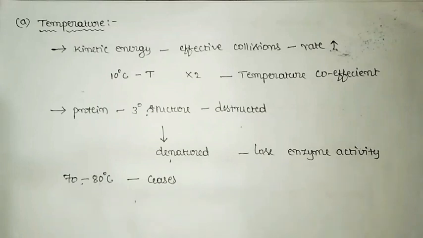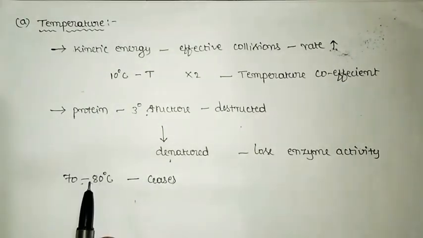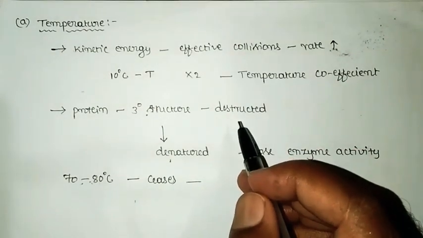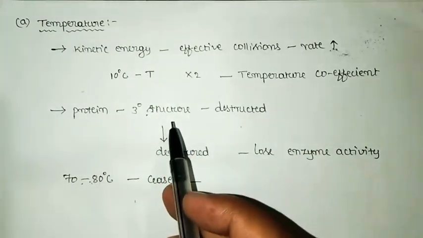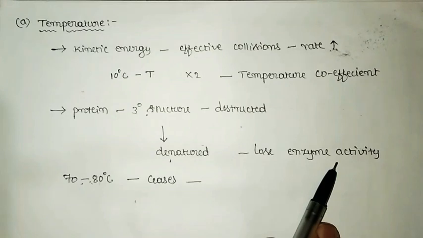The whole and sole enzyme activity will cease because of denaturation of the protein. When the temperature goes beyond this, the catalytic activity of the enzyme will be lost. Once the protein is denatured, it loses its enzyme activity.